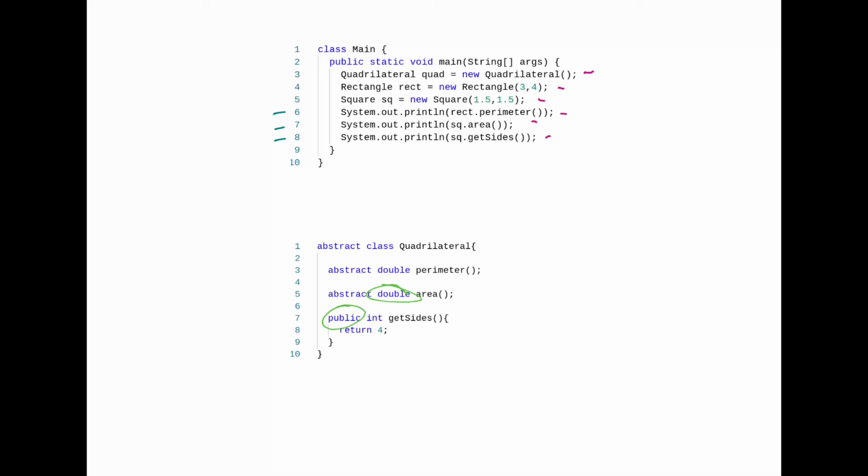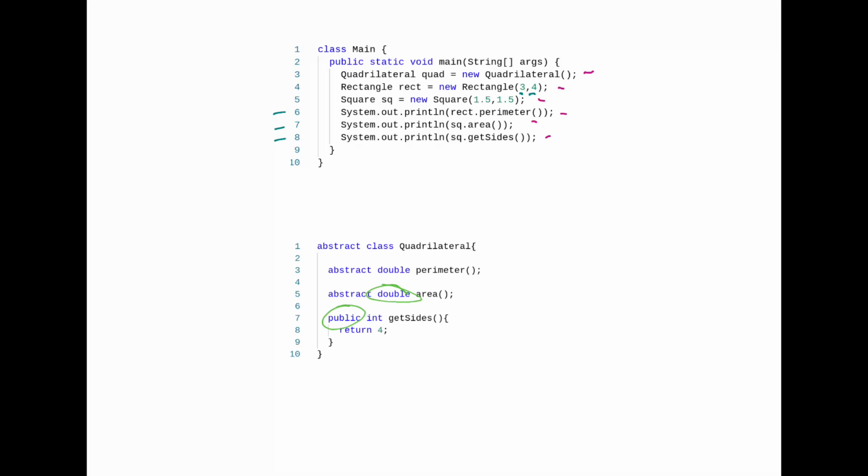Because I go to rect.perimeter. My rectangle has a 3 and a 4. When it calculates that, it will do 3 plus 3 plus 4 plus 4, which gives us 14. But remember, that number is a double, so it will return 14.0. My next one was square.area.